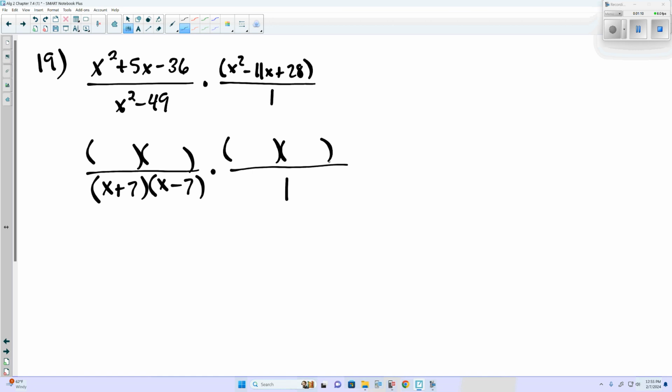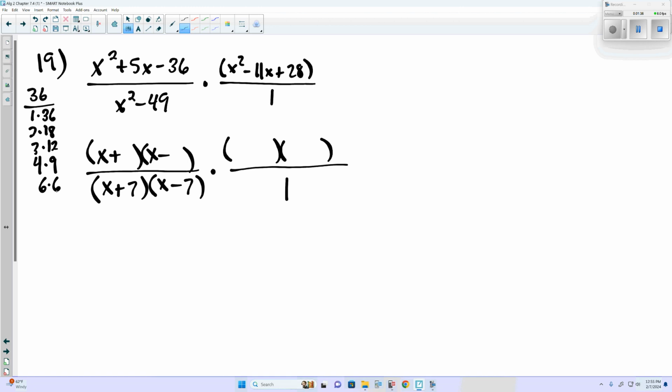If we do x squared plus 5x minus 36, since our 36 is negative, our signs are opposite. The only factors of x squared that we can have are x and x. Factors of 36: 1 and 36, 2 and 18, 3 and 12, 4 and 9, 5 doesn't work, but 6 and 6.